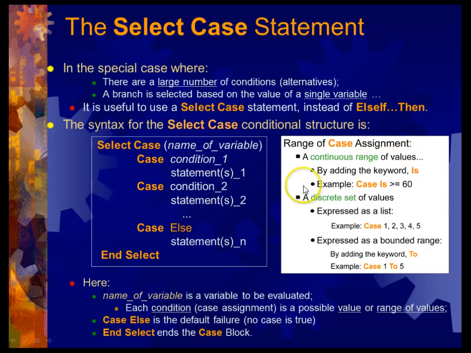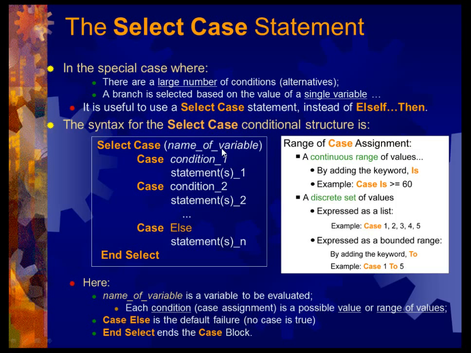Okay? Now, we just have to modify that just a little bit. We have to write case is, not just case. Okay? That's because the variable here, what's the variable again? Score, right?